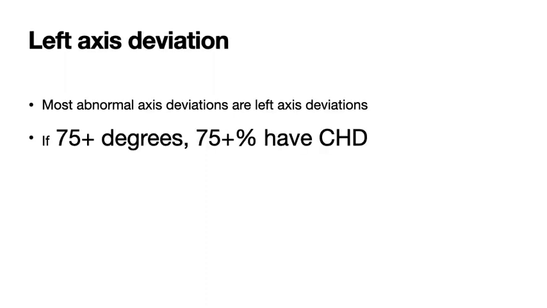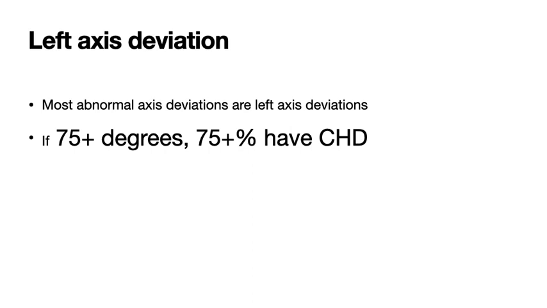Abnormal axis is divided into right and left. It can be either deviated more than 65 degrees toward your left side, or less than 25 degrees pointing toward the middle of the baby. Now, 25 to 65 is normal.